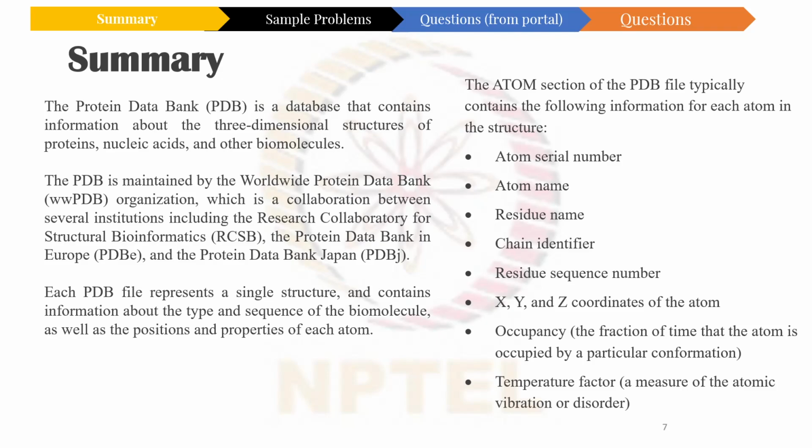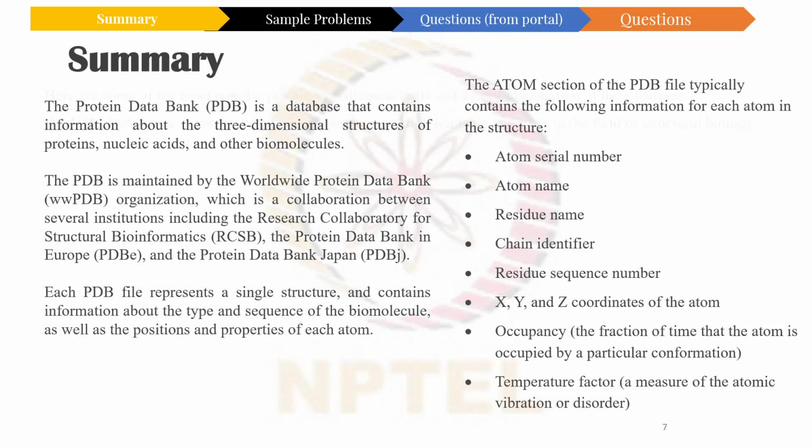The PDB file format is widely used in the field of structural biology, biochemistry, and biophysics, and has been adopted as a standard format for sharing and exchanging structural data.